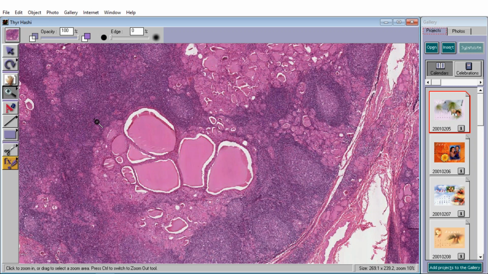Why would that happen? Well, maybe the body was reacting against its own thyroid gland. Maybe you could find anti-thyroglobulin antibodies in this patient's blood. So this is autoimmune thyroiditis.